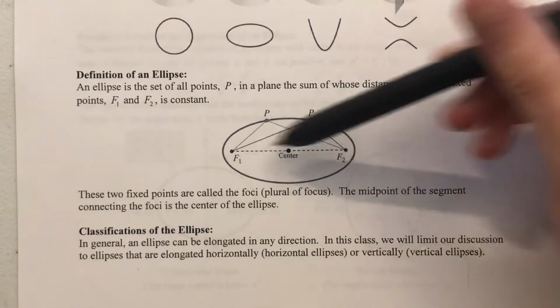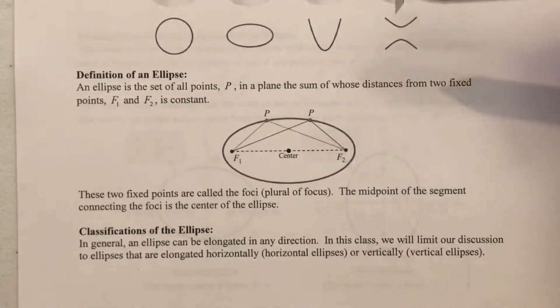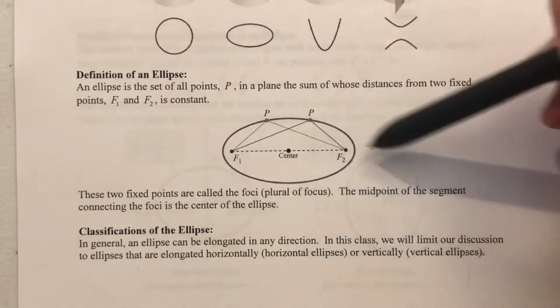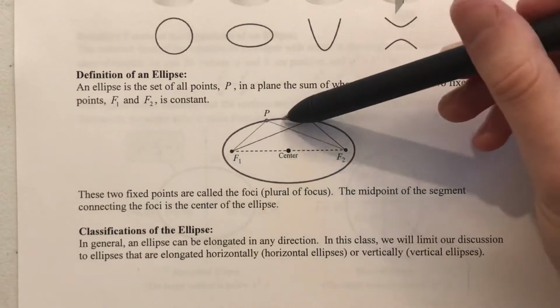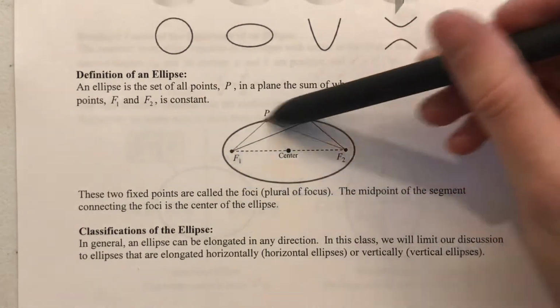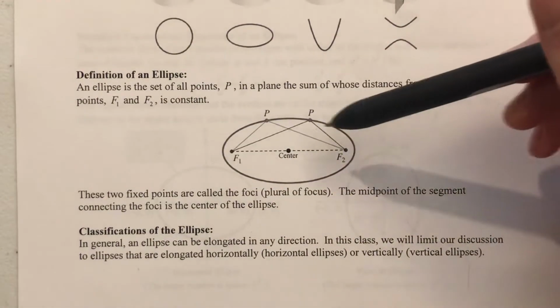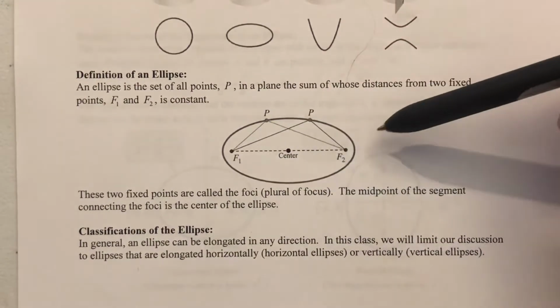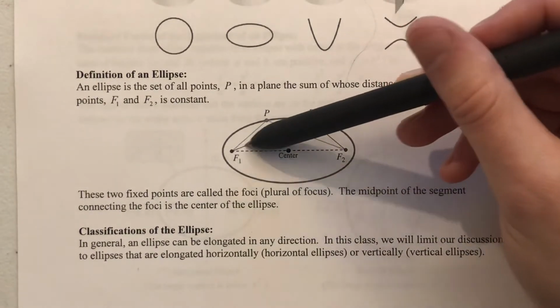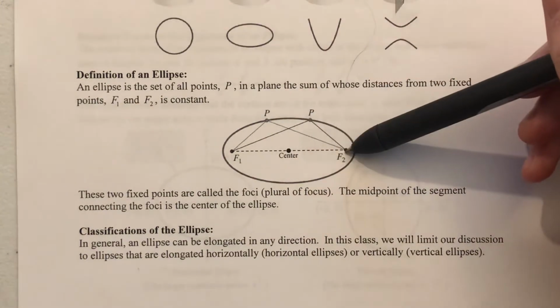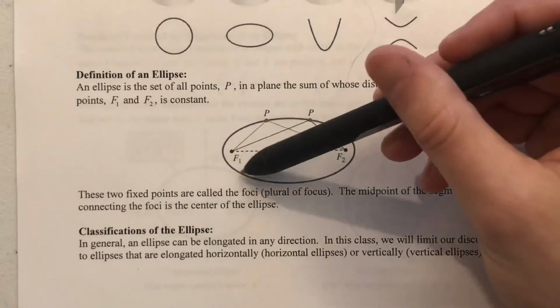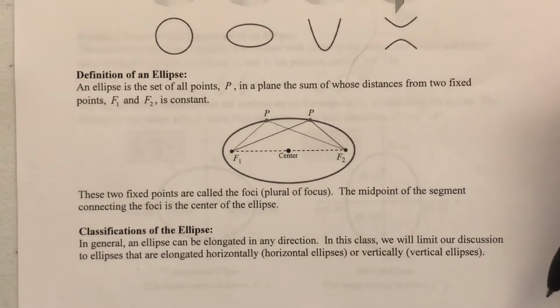So one's a focus, but two or more is foci. There are these 2 points within this oval shape such that every single point on this ellipse is the same total distance from the 2 foci. Meaning if you added up this distance and this distance, you get a certain number, and you would get that same number no matter what point along this ellipse you looked.